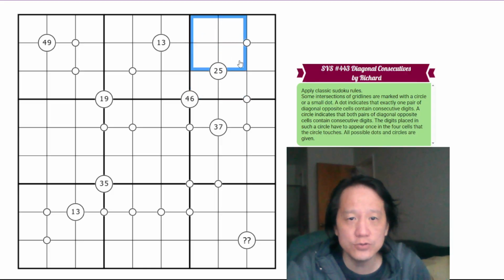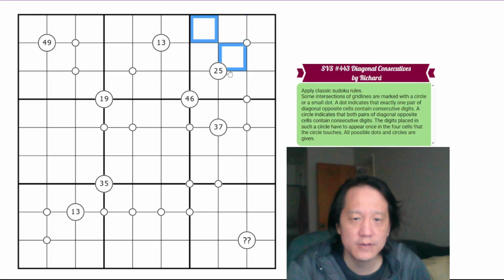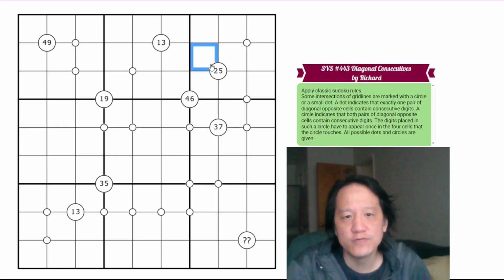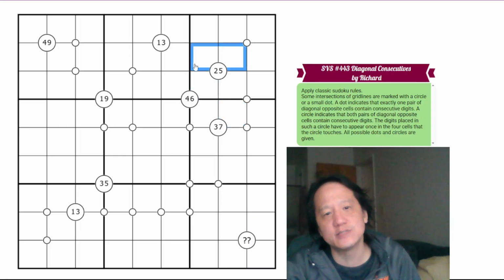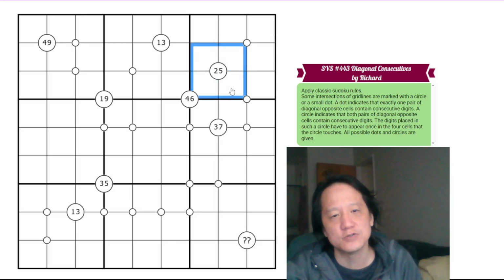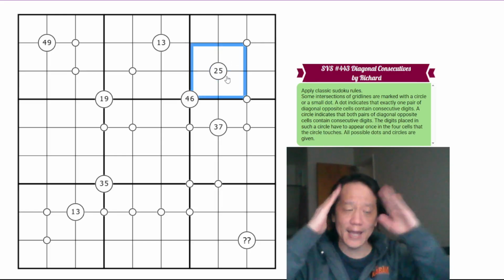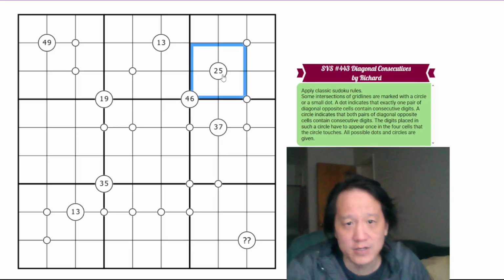If you do not have a dot on an intersection, that means none of the diagonal pairs are consecutive here. We also know for the quad clue, there has to be a 2 in one of the 4 surrounding cells around this quad circle, and there has to be a 5 around one of the cells around this quad circle. And both of them are consecutive.